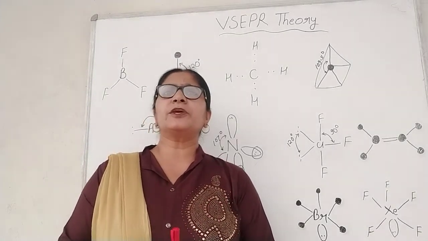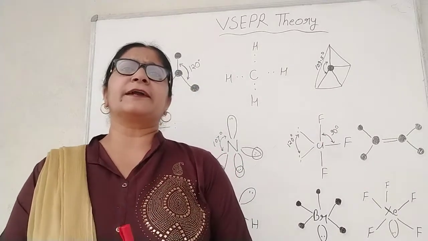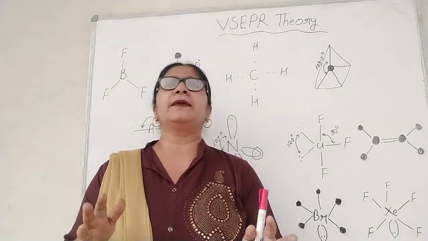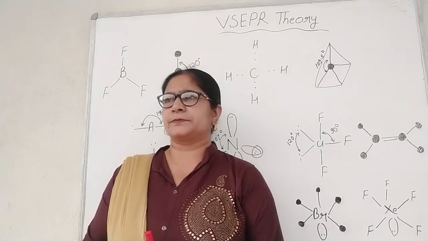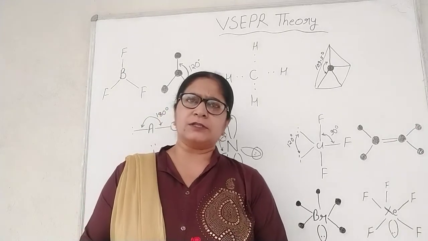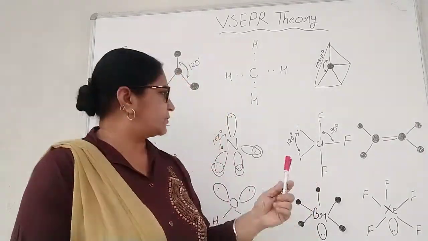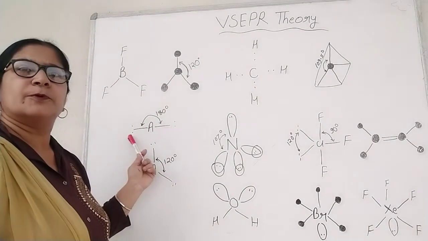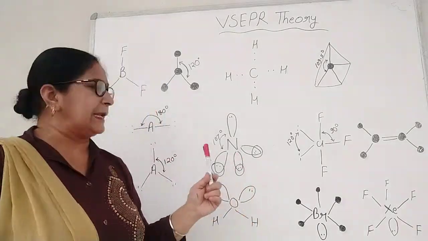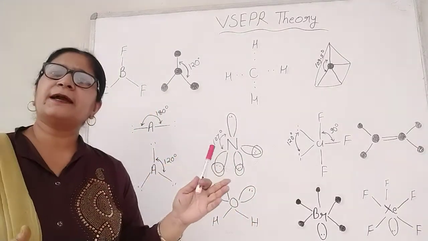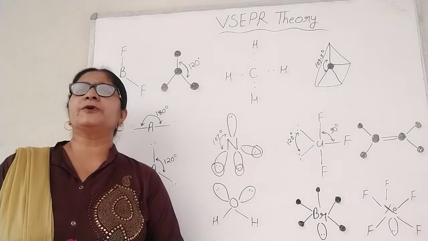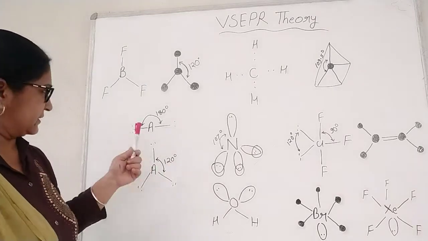The geometry of a molecule in which the central atom does not have a lone pair of electrons will be regular, without any distortion. For example, two bonded electron pairs around the central atom give a linear shape with a bond angle of 180 degrees.